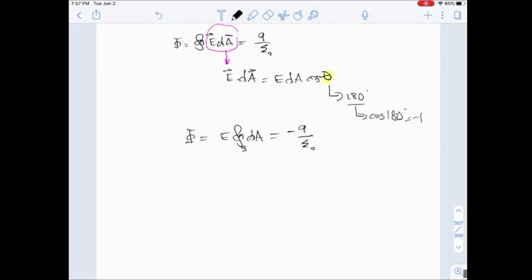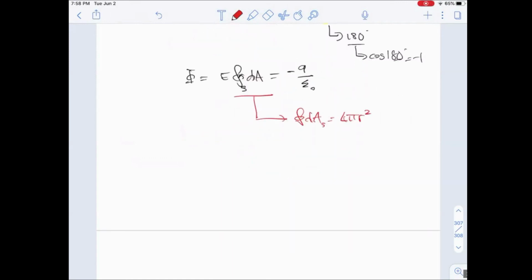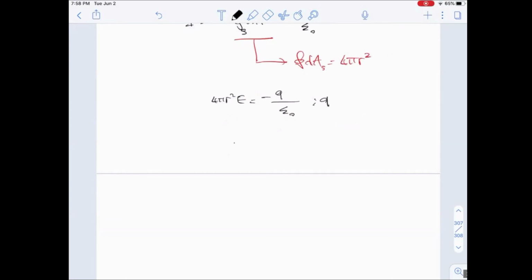What do we know about the sphere? The area of a sphere is 4 pi r squared. Now let's do a back substitution. So this is going to look like 4 pi r squared times E, and you've got your negative charge. Solve for the charge itself. When you solve for the charge itself, this is what you end up getting.